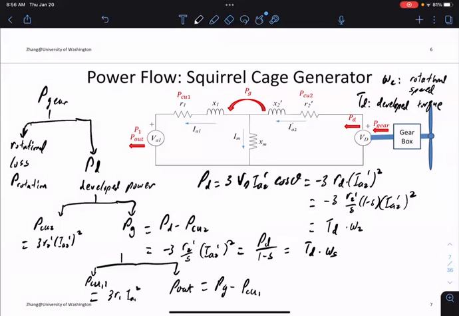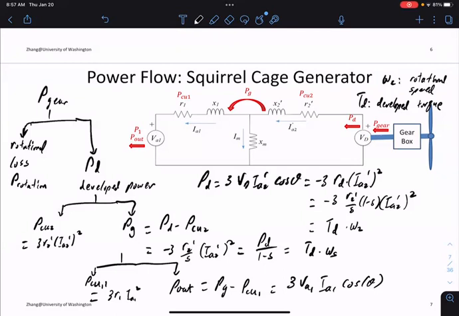We don't have a very nice equation here, so you just subtract the two. If you want to think about this again as voltage and current, you get 3 times the primary side voltage, the grid voltage, times the current coming in times the cosine of the angle difference. So these are all the equations we have.